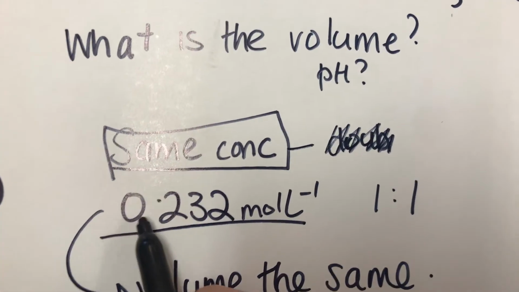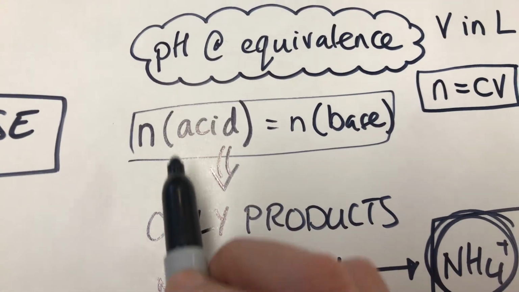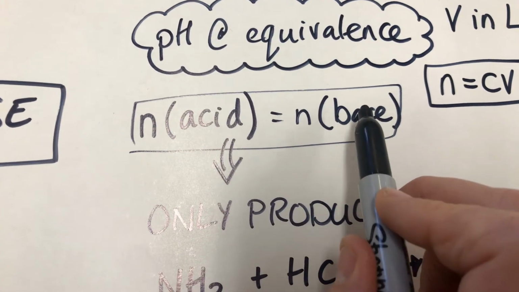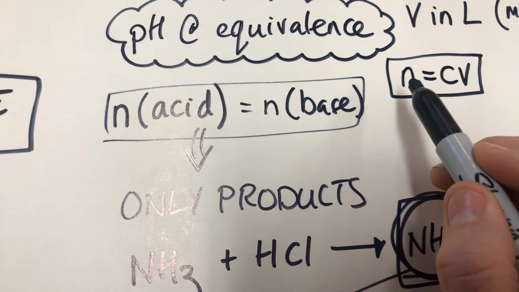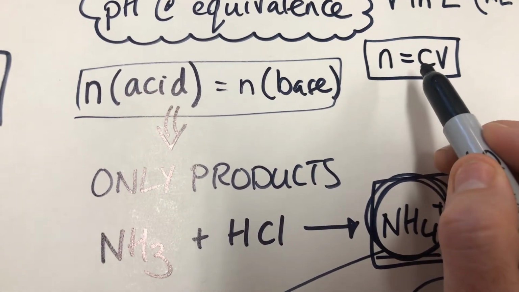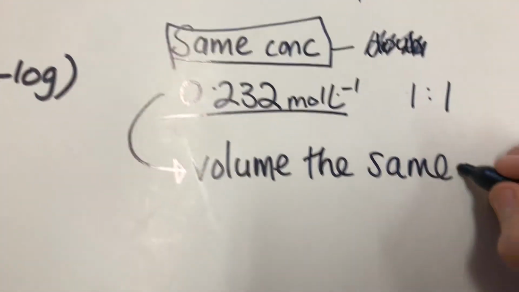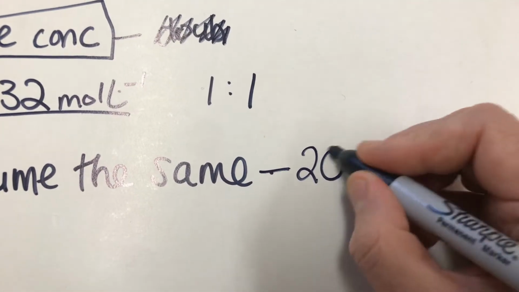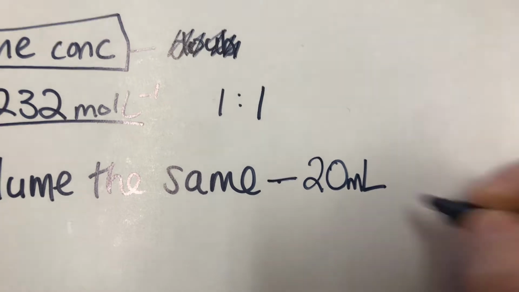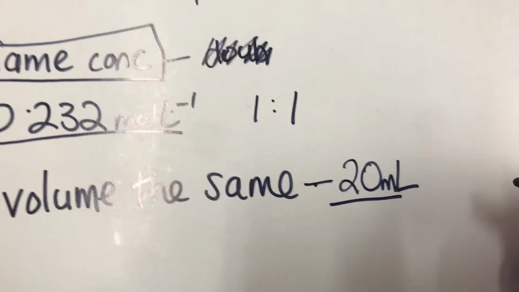Okay, so we've got the same concentration. We know by definition that we're going to have the same number of moles. So if n is the same for both of them, and c is the same for both of them, then V is the same for both of them. So we are going to have 20 mils as our equivalence volume. All right, so that was nice and easy.